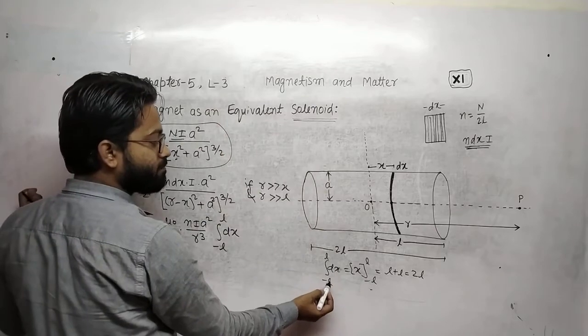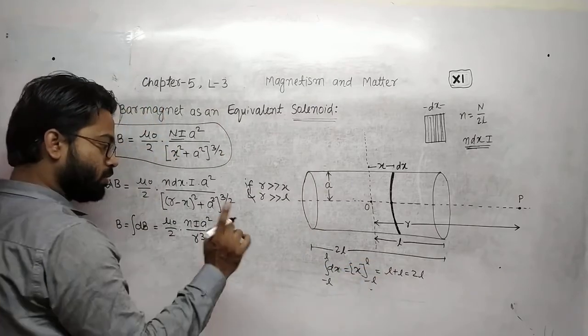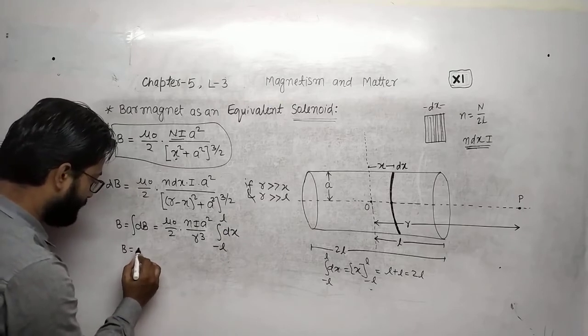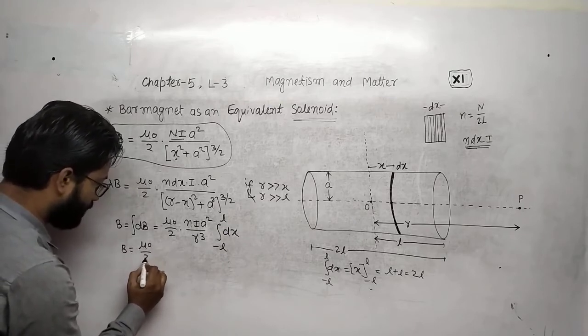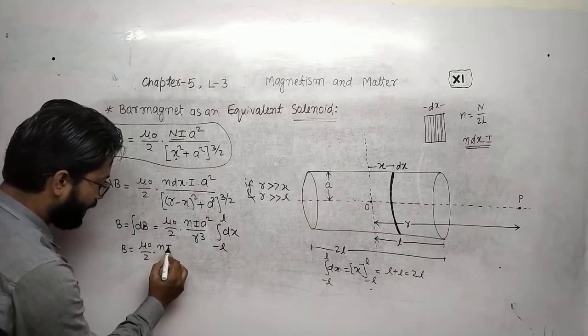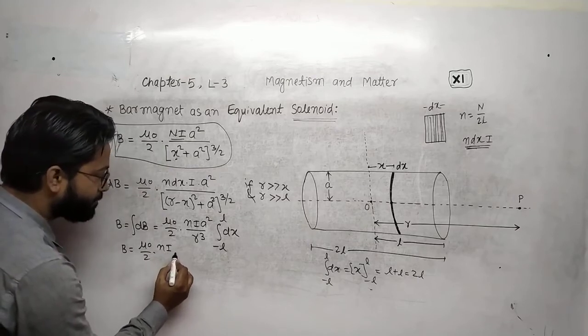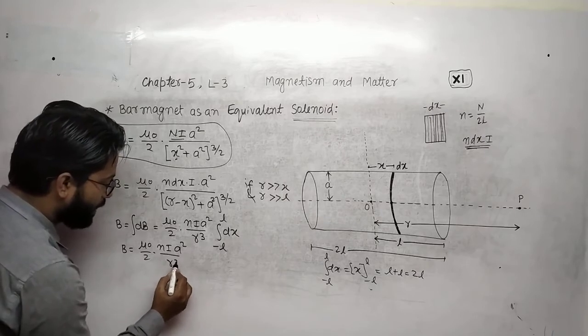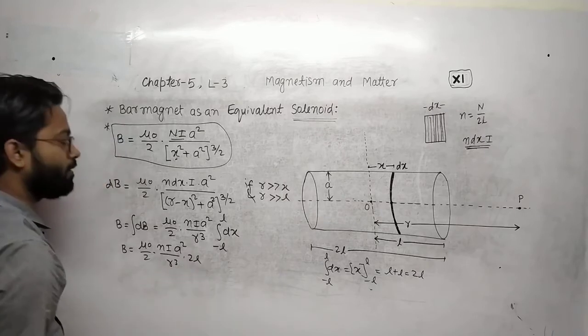Integration of dx from minus L to L equals 2L. So you can write B equals mu naught by 2 n I A square upon R cube into 2L.